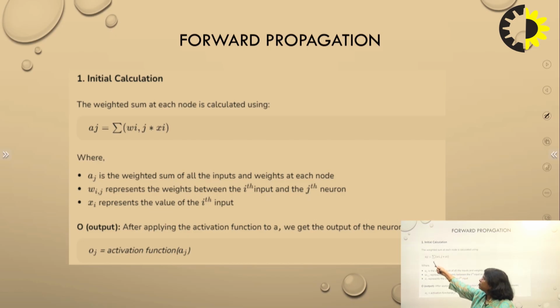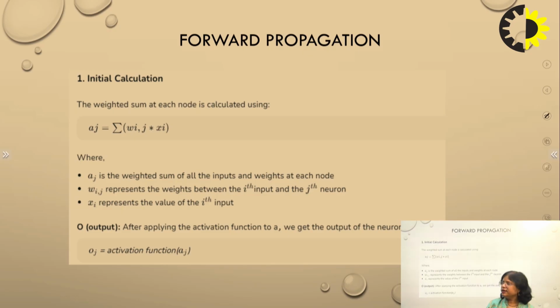So we will calculate the weighted sum using the formula w_ij times xi. Here xi is the input, w_ij is the weight between the ith input and the jth neuron, and xi represents the value of the ith input.